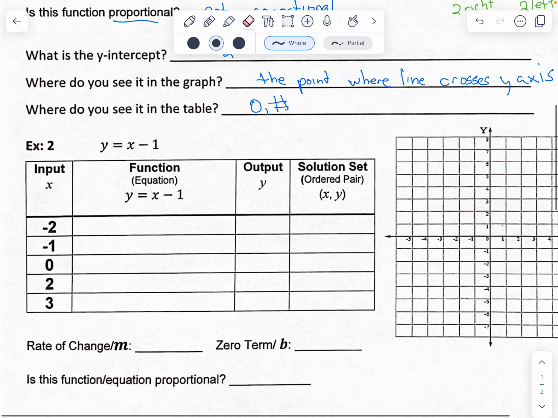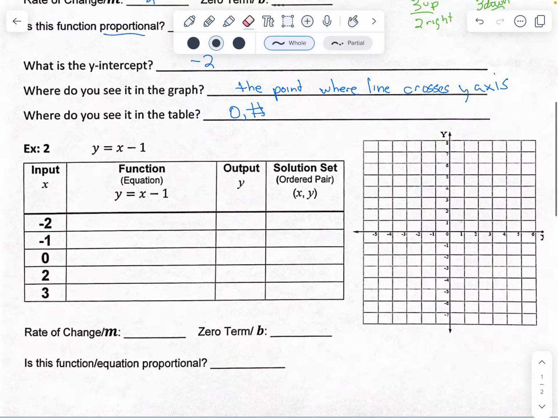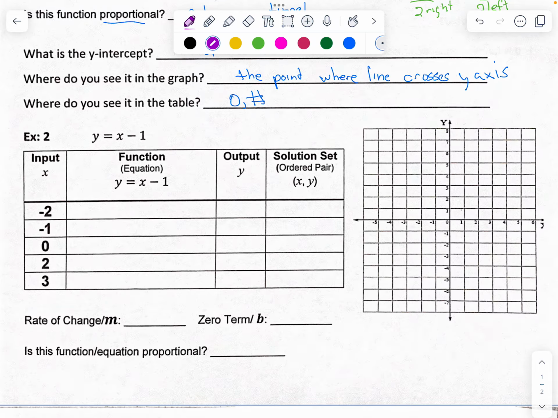It's pretty much the same thing over and over. Okay? So I'm going to look at my equation and I'm going to decide that my equation is y equals 1x minus 1. Because when there's not a number in front of the x, it is an implied 1.